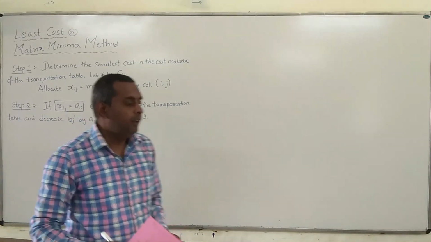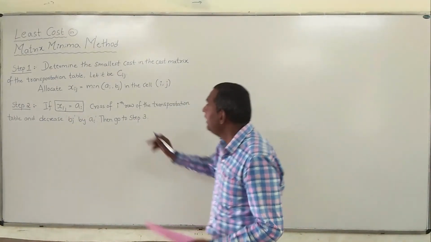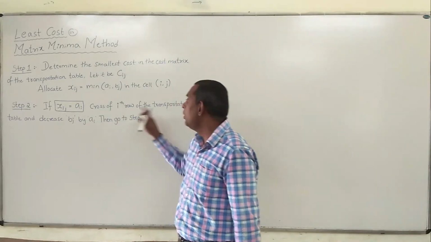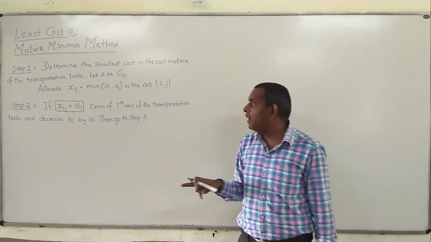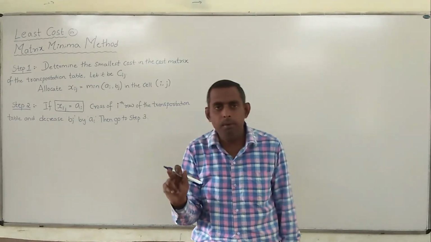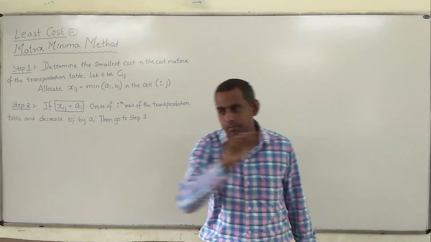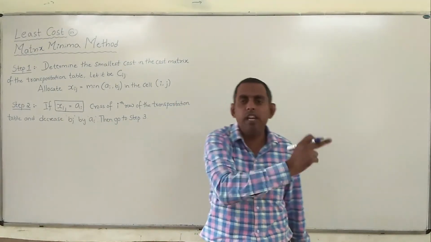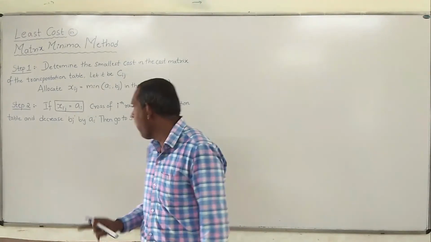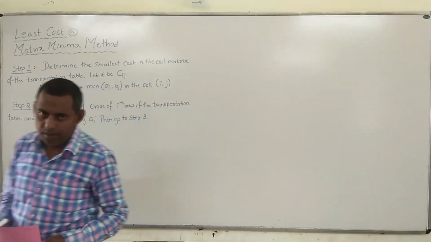What have I said? If Ai is the minimum, cross off the ith row of the transportation table, that particular row which is minimum. Cross off means we have to strike it off. Then decrease Bj by Ai and go to step 3.